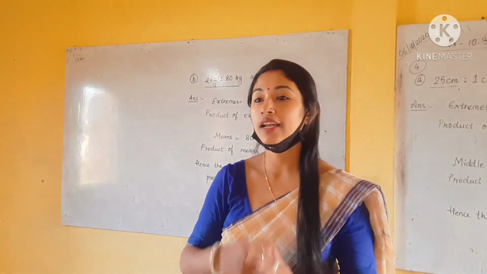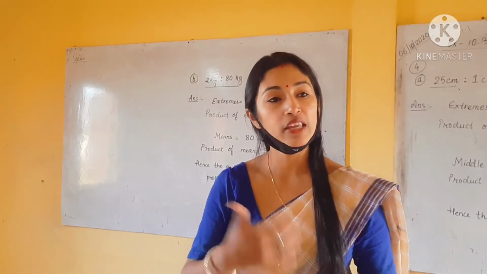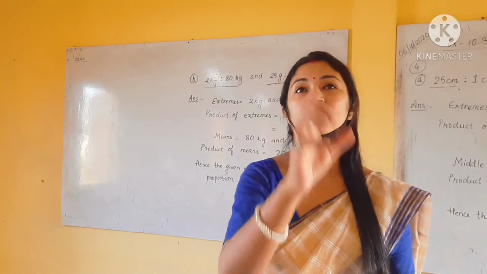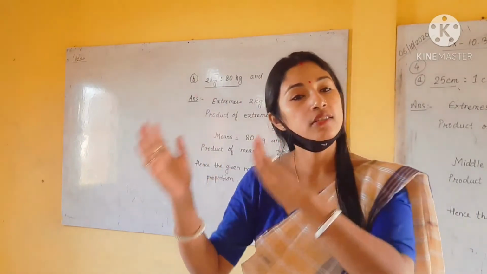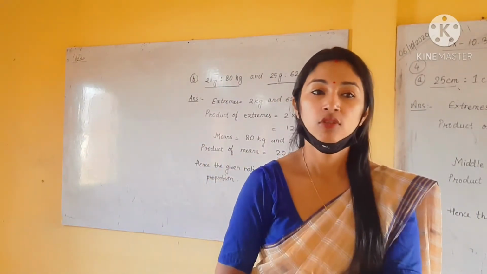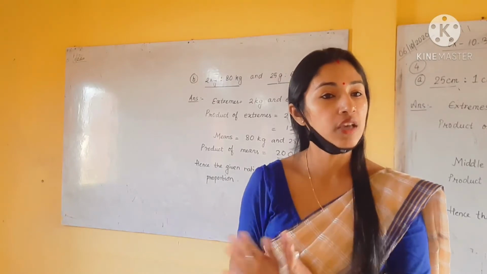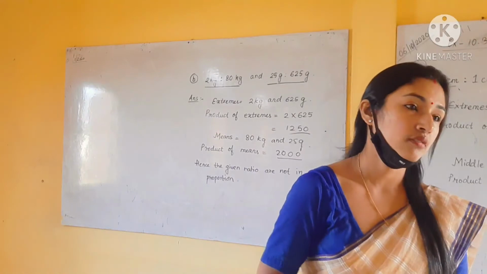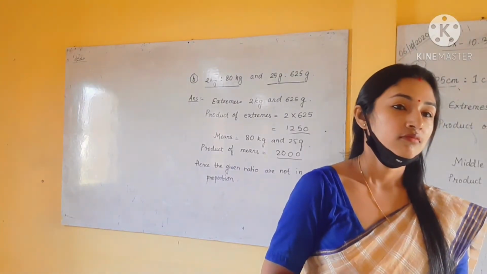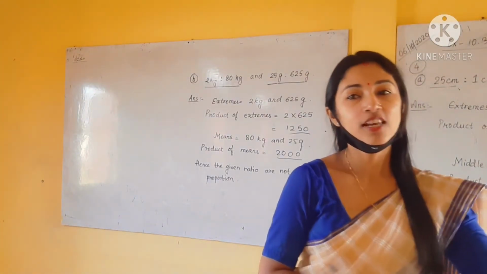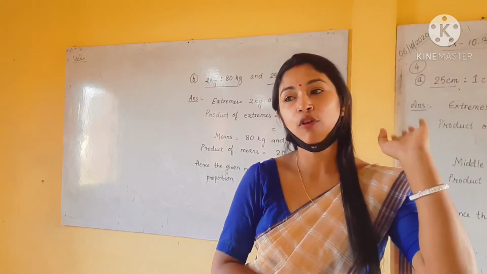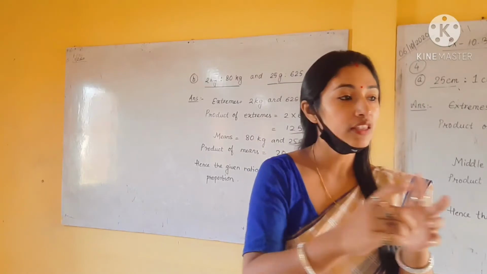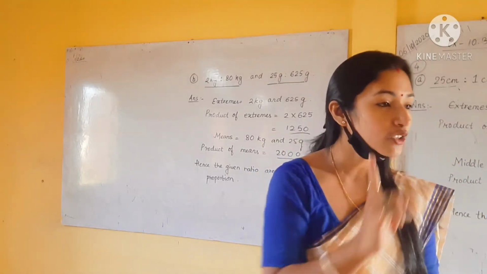There are many methods, we can do it in many ways. I am giving you one small example. Suppose the cost of 10 chocolates is given as 100 rupees and we need to find the cost of 20 chocolates. Previously, if the cost of 10 chocolates was given, we found the cost of 1 chocolate.